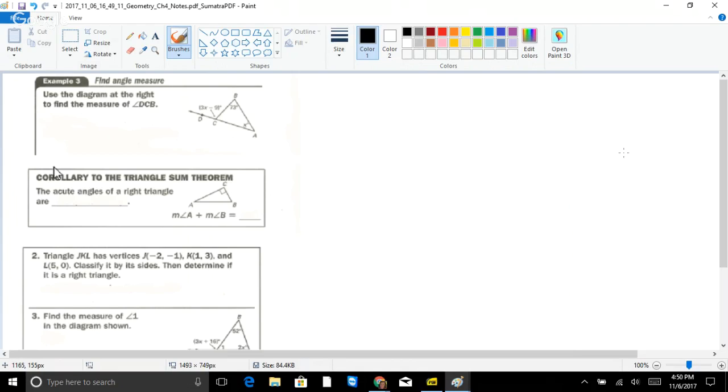So we are going to use theorem 4.2, right? We just learned this. Theorem 4.2, which says that my exterior angle is equal to my two non-adjacent interior angles. Remember, the adjacent angle would be C. So we don't want that.